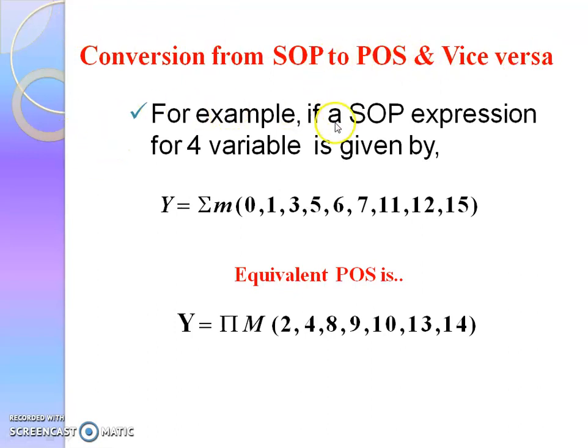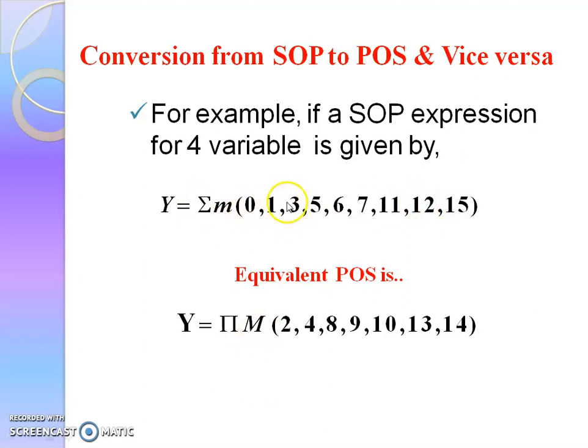For example, if the SOP expression for 4 variables is given by y equals summation of m, that is 0 1 3 5 6 7 11 12 15, now to convert it into POS, instead of summation you write pi, replace small m with capital M, and find the missing terms in the SOP.